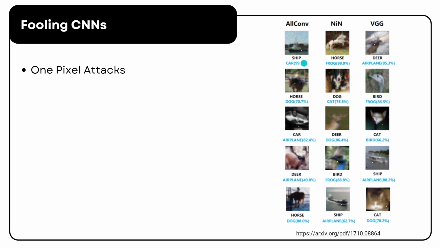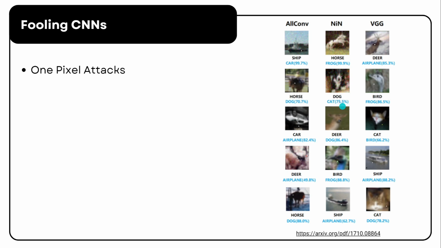Other examples include a horse becoming a frog, a deer turning into an airplane, and a dog being misclassified as a cat with high confidence.